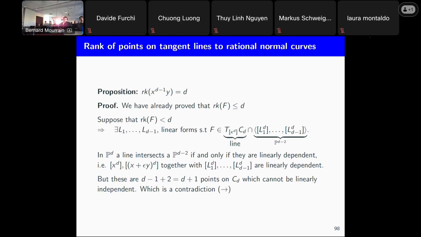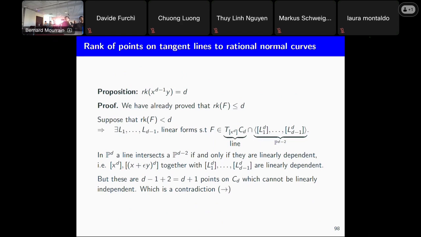And in P^D, if these two are intersecting, it means that the points that generate them have to be linearly dependent. The points that generate the space are easy, I just take these. And for this one, it's a tangent space to my rational normal curve. So as generators, I take x^D and the tiny variation of this point.